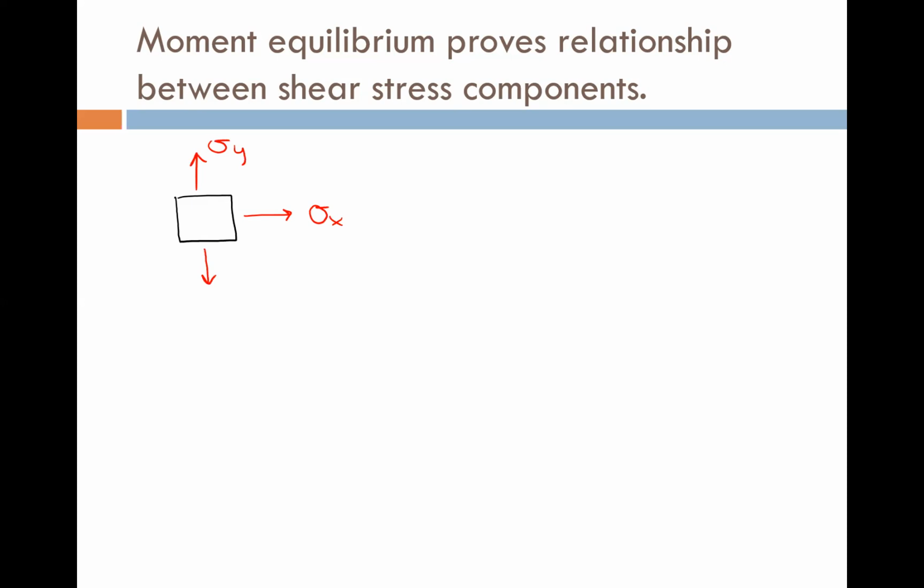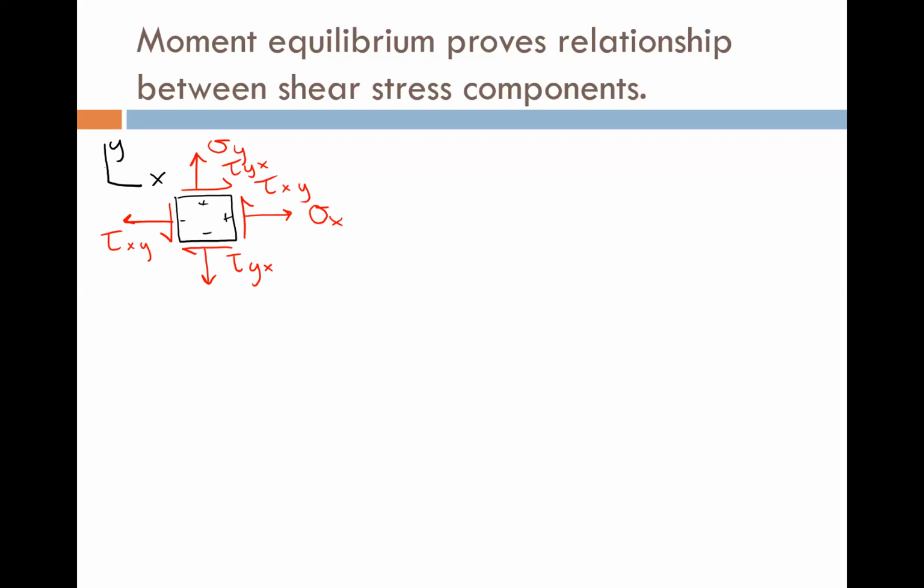I'm drawing them in the positive orientation, but they could be positive, could be negative. And then we have tau xy and tau yx. Down here we have, once again, tau xy and tau yx. It would help if you had a coordinate system. There's x and y. So these are our positive faces, and these are our negative faces.